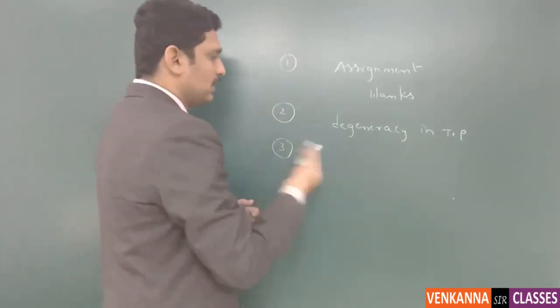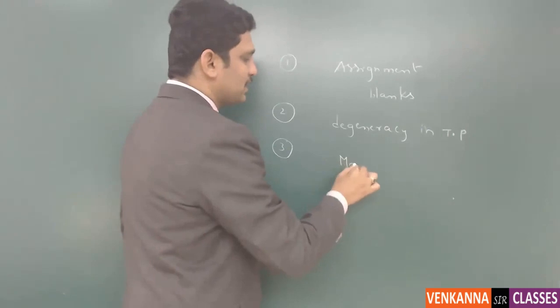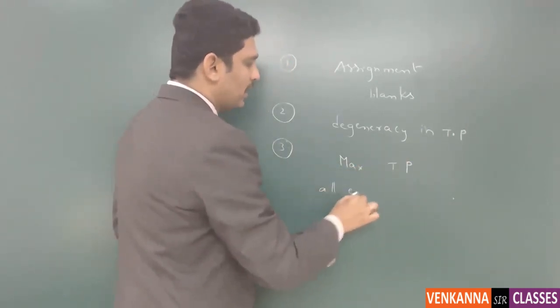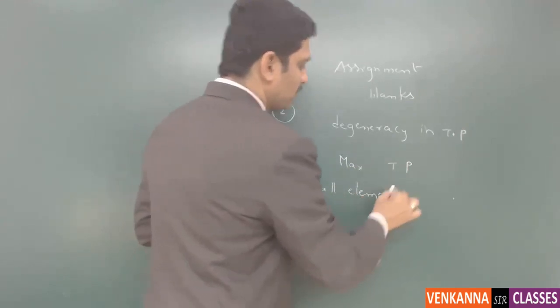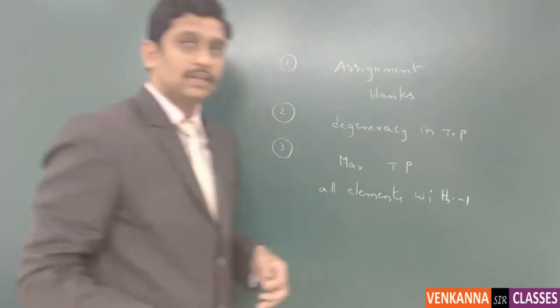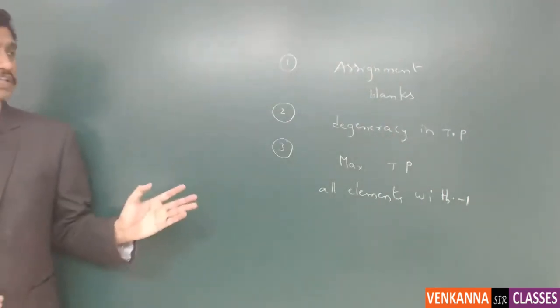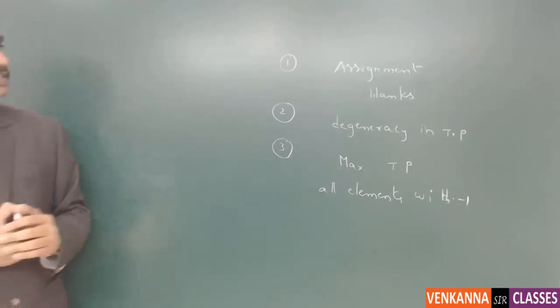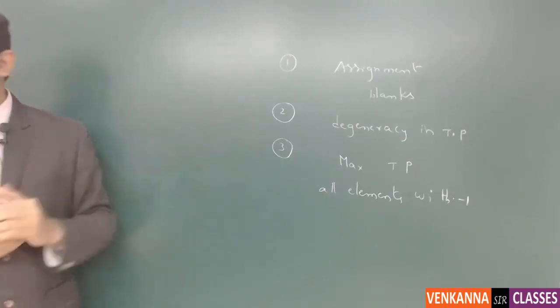Then again, can we do maximization in TP by multiplying all elements with -1? That is also correct. If you're interested, let us do a problem with this type of problem, right? So this is the objective of the session.